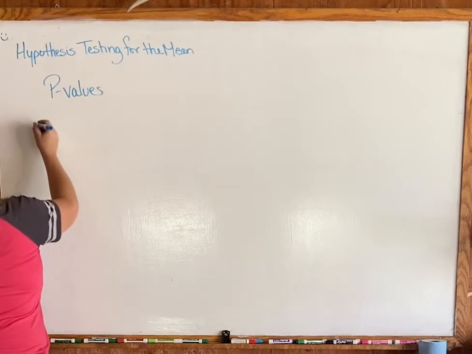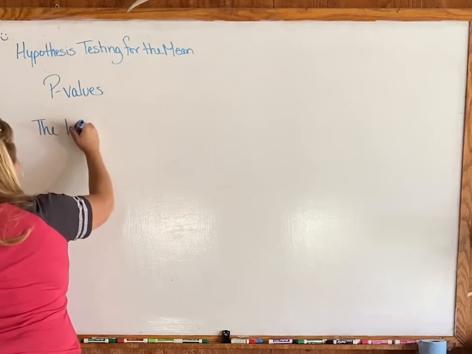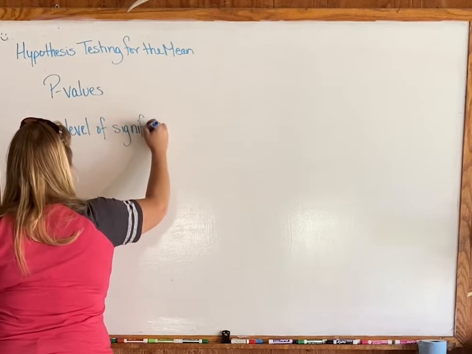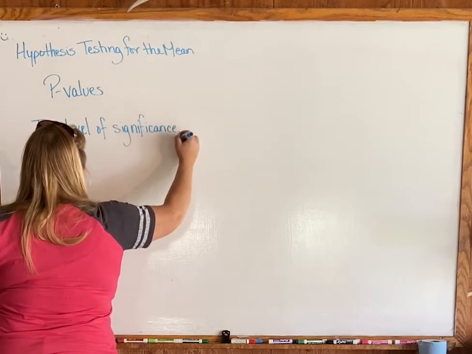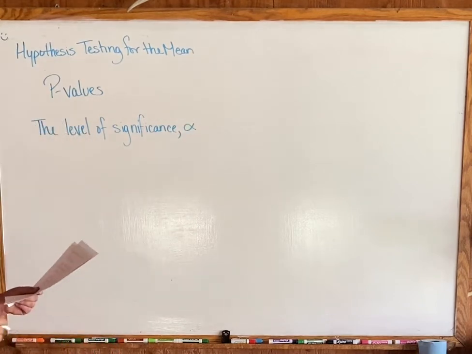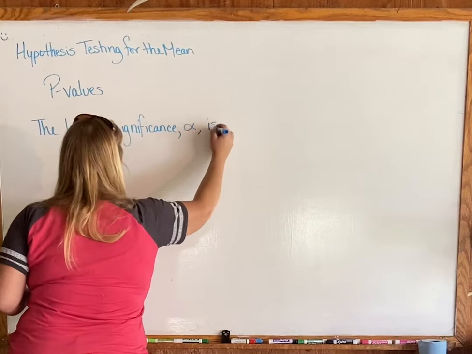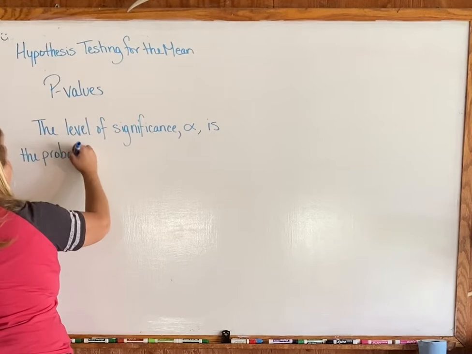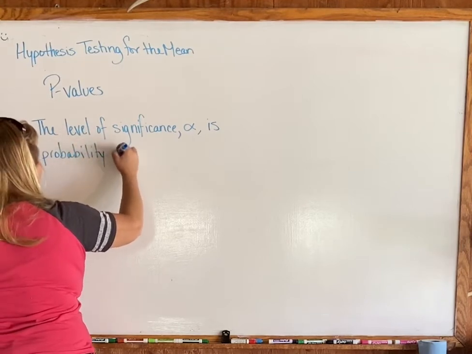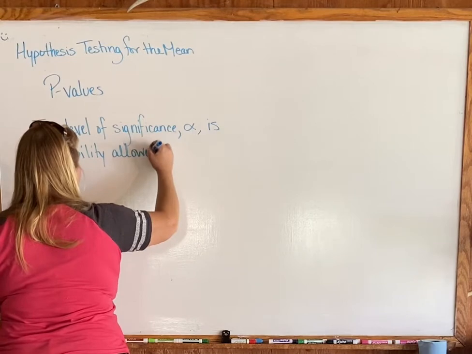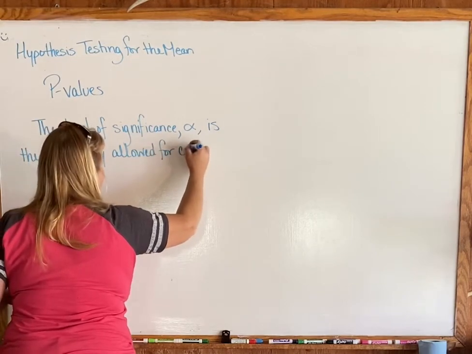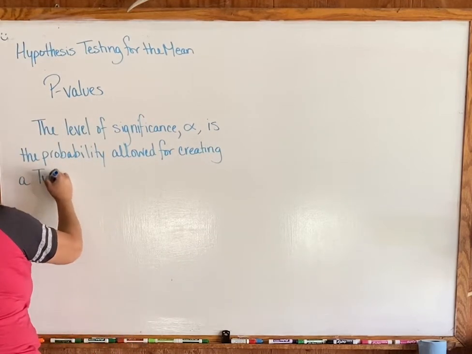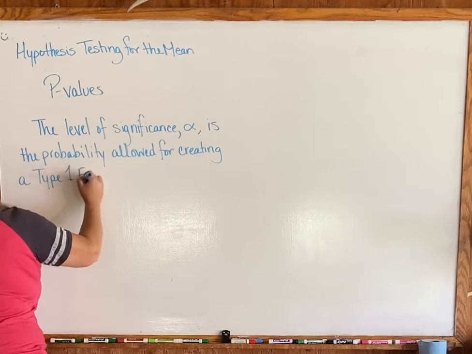Remember from last time that the level of significance, which is our alpha, which we should be familiar with, is the probability allowed for creating a type 1 error.